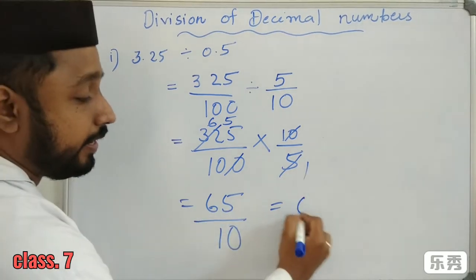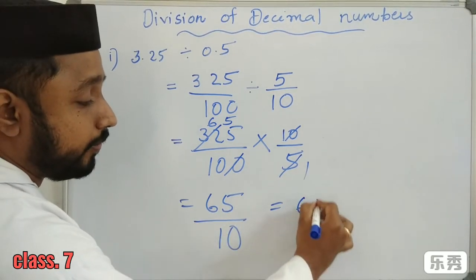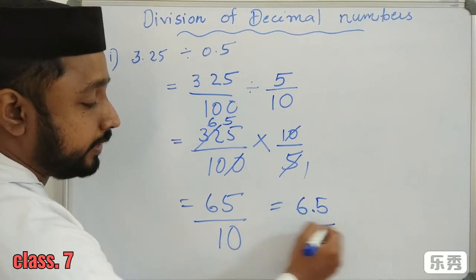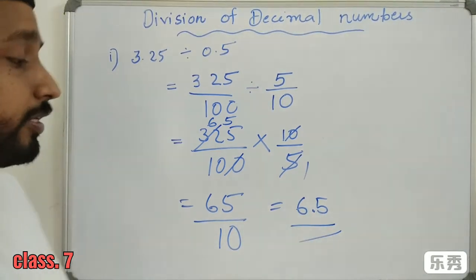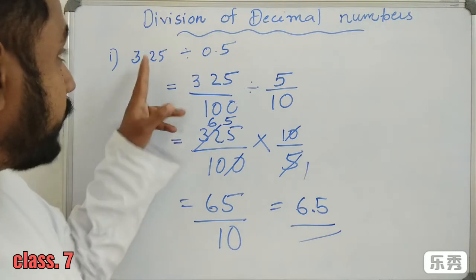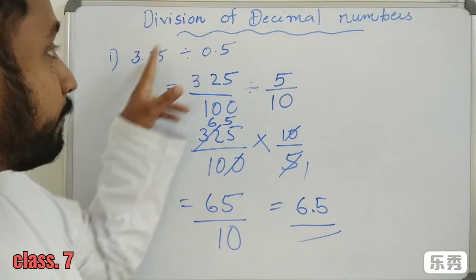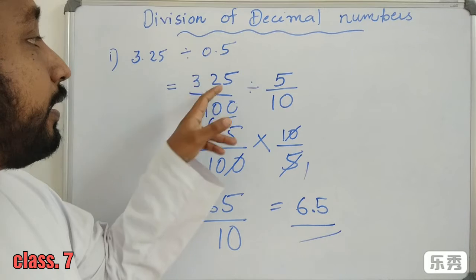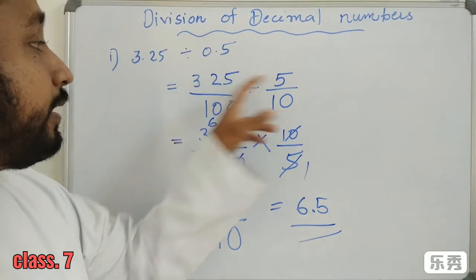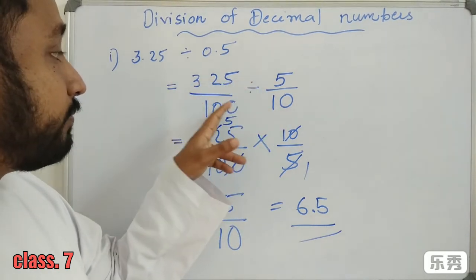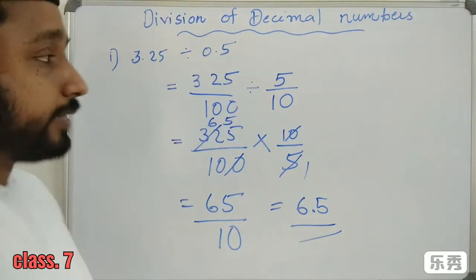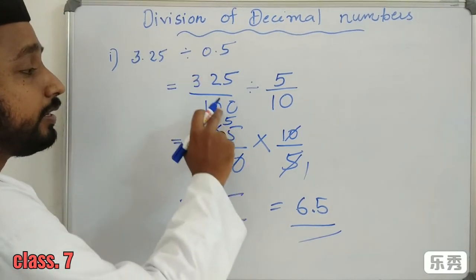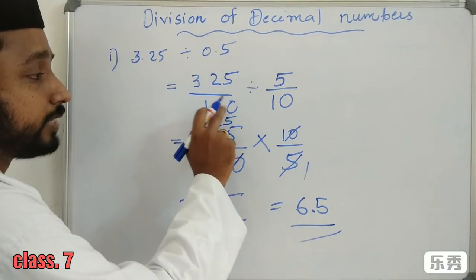So when we divide by 10, we have to put 1 point after 1 digit, so after the decimal point 1 digit, that is 6.5. So we got 6.5. So our rule for division of a decimal number by another decimal number: we change the decimal number into a whole number by using division by 10, 100, 1000, etc. Here after the decimal point 2 digits, so we use 100.